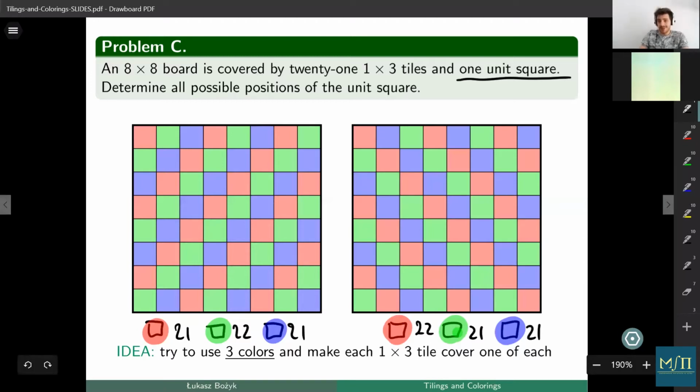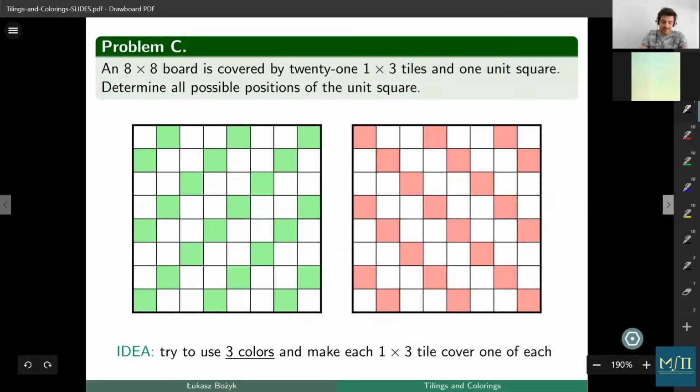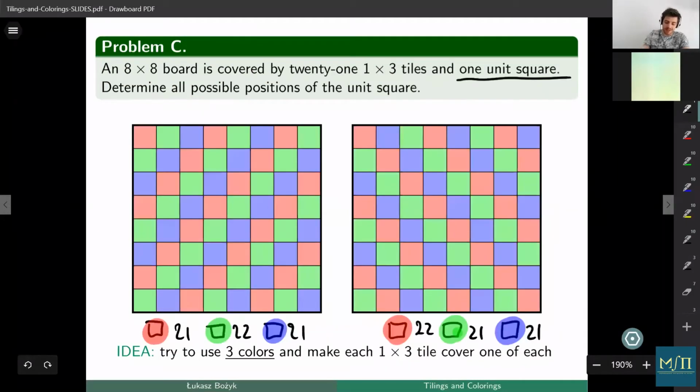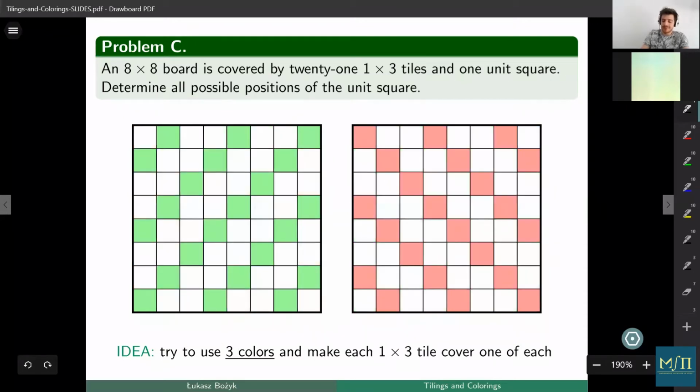So now that we have two pictures, let's combine them into one. First of all, let's note that green and red are the only colors important on the respective pictures. You can see here that every tile, regardless of how it's placed, would cover exactly one green cell. Every tile placed here would cover exactly one red square. There are 22 colored cells on the left, 22 colored cells on the right.